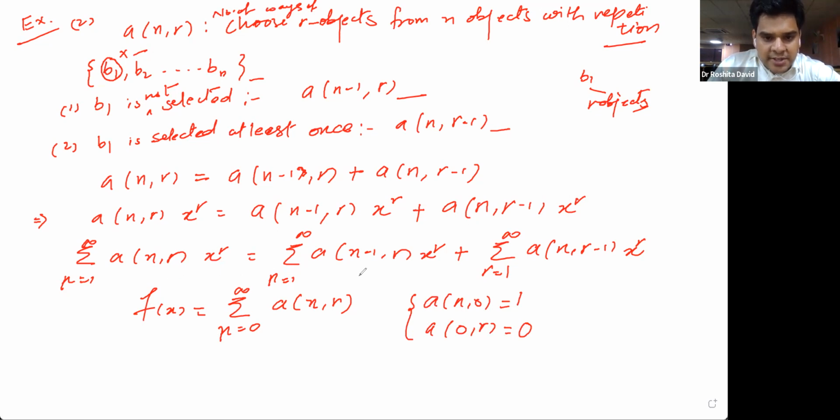Okay, so after taking summation, I will put this value f. I will try to convert this equation in terms of f. So r is 1, so a n0 is missing here. And in f we are starting from a n0. So this is f(x) minus a n0.